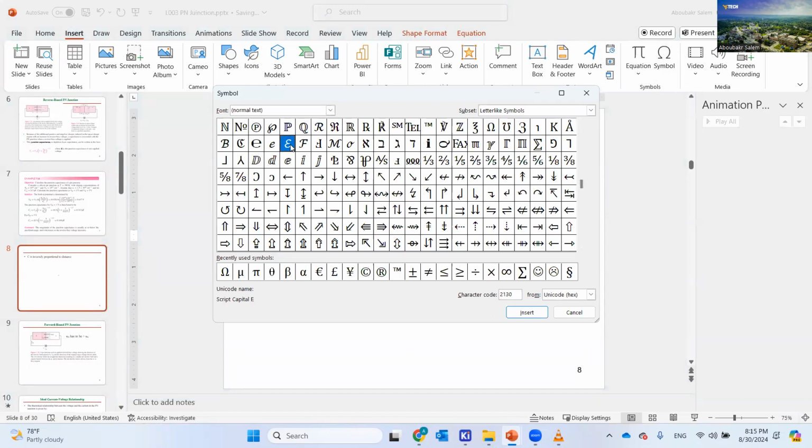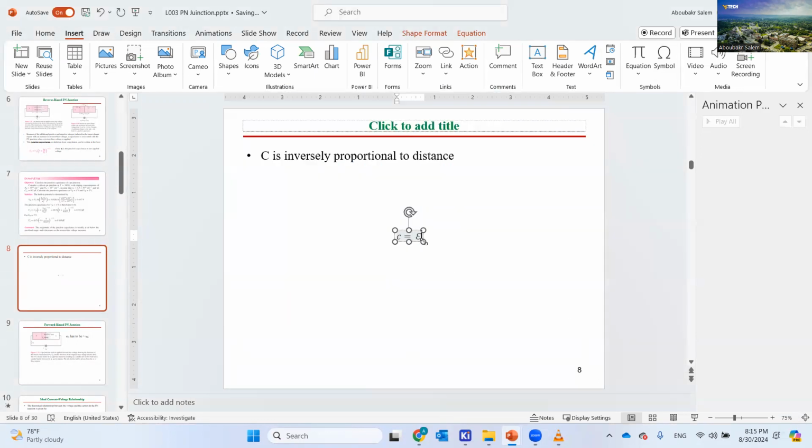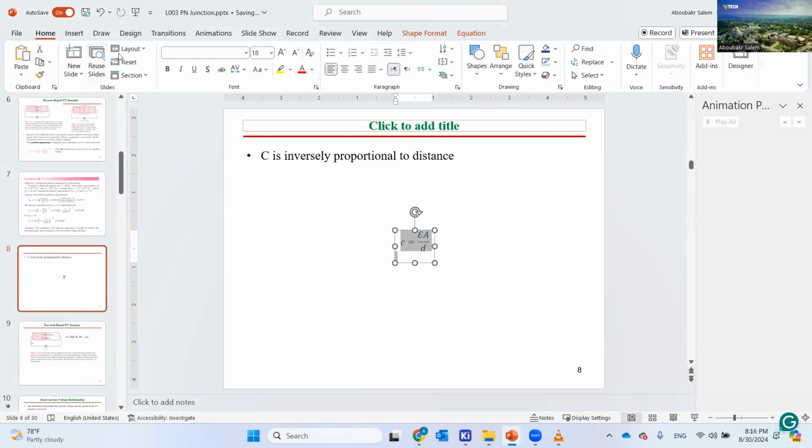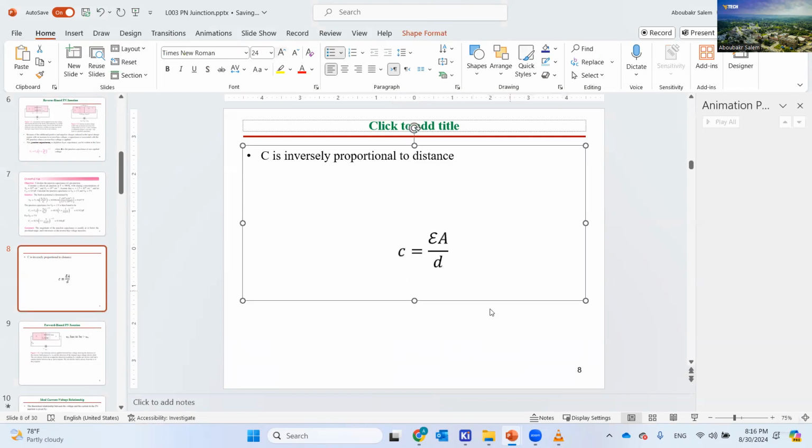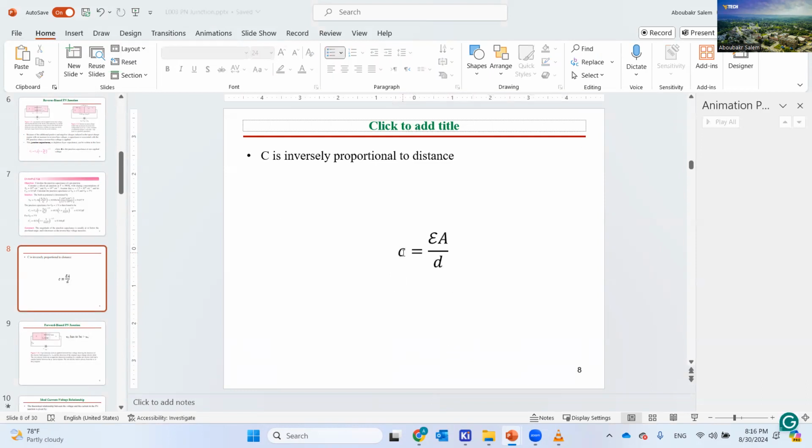Yes, this is epsilon. So this is the capacitance relation, guys. The capacitance equals epsilon.